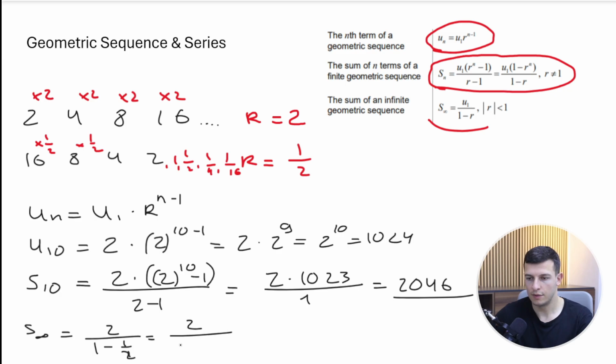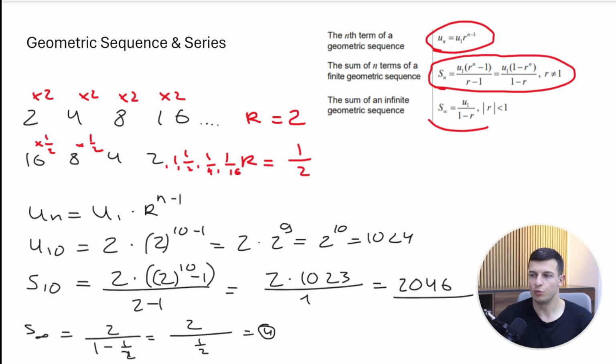And that's going to be 2 divided by, not negative, just 1 over 2. And that's going to be equal to 4. So the sum of this infinite sequence will be 4.